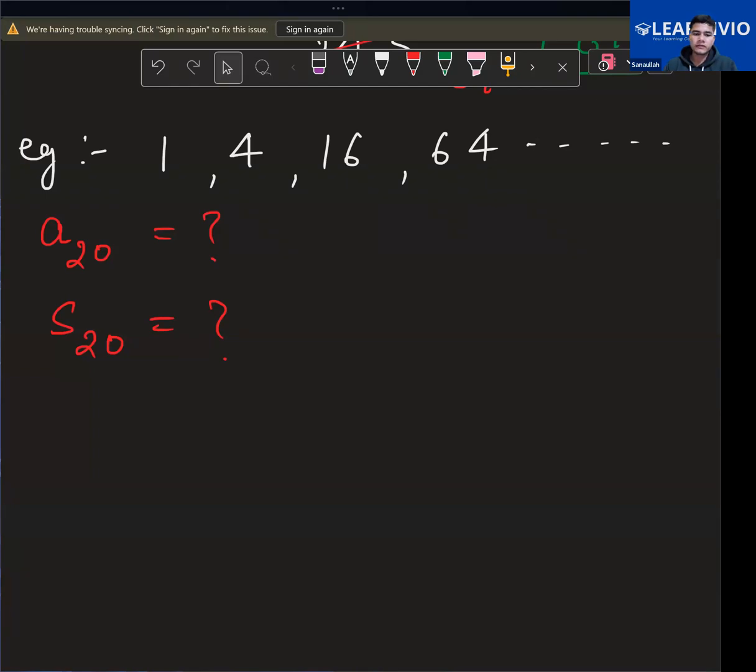Have you remembered the formulas? Yes, sir. What is the formula for the nth term in a geometric progression?